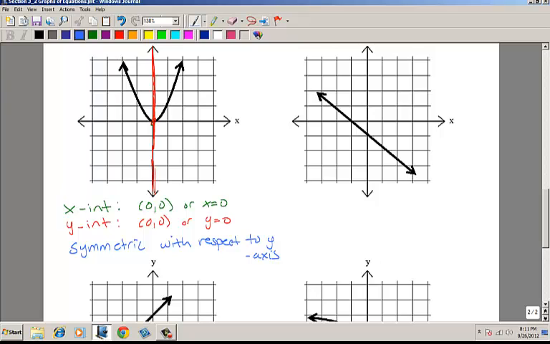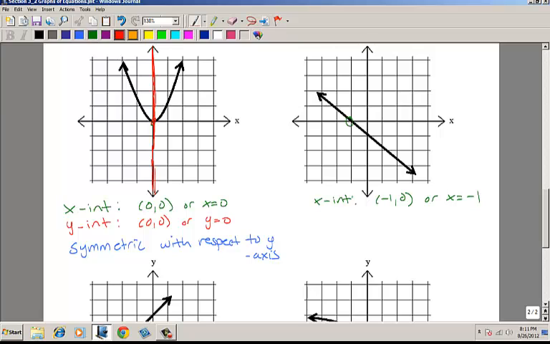Let's look at our next one. Again, let's find our intercepts first. First one I want to find is my x-intercept, where I cross my x-axis. Well, I cross my x-axis at this point, and that point happens to be -1, 0. So I can write -1, 0, or I can say my x-intercept is x equals -1.